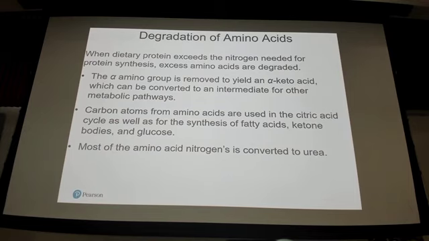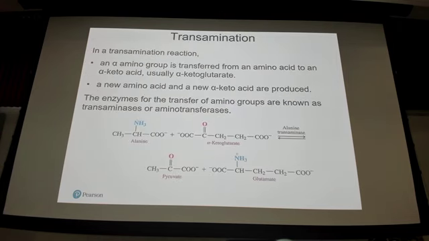So when we eat too much protein, our body cannot use that protein, so it's going to be removed in the form of ammonia, but it will use the carbon skeletons for other purposes. So the first step in removing that ammonia group, either to make another amino acid or to get it removed from the body, is a transamination reaction.